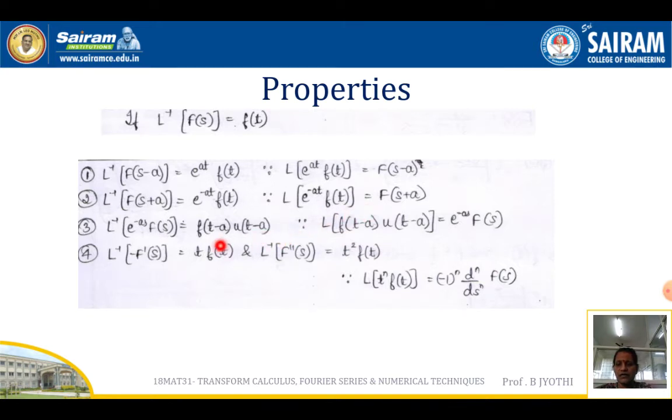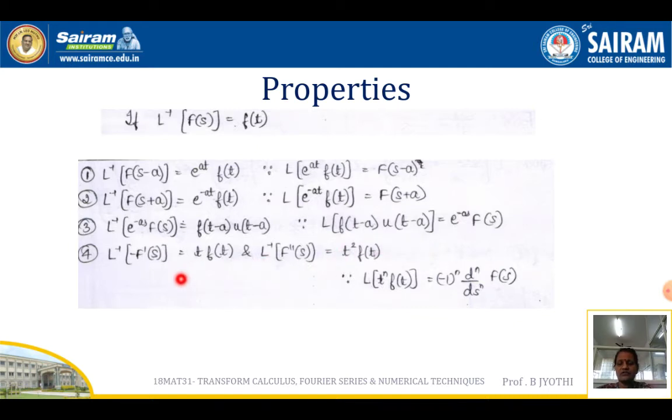And L inverse of e power minus as into f of s is f of t minus a into u of t minus a, because we have the formula L of f of t minus a into u of t minus a is given by e power minus as into f of s.